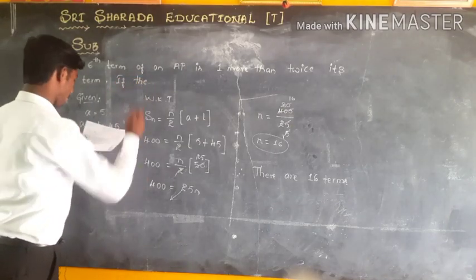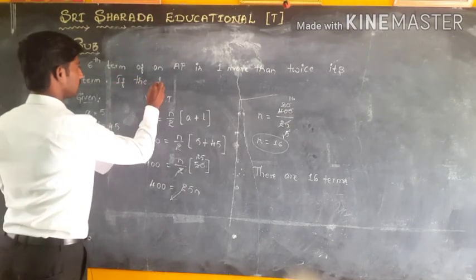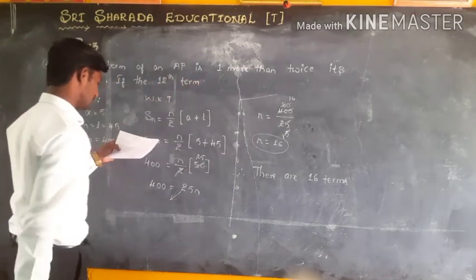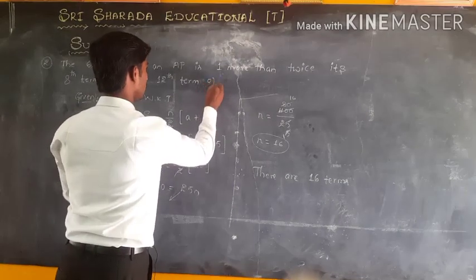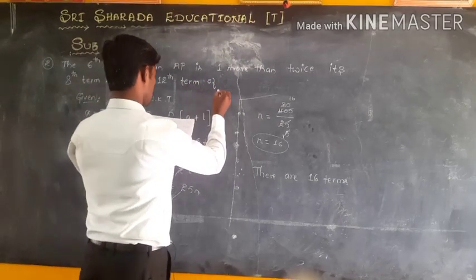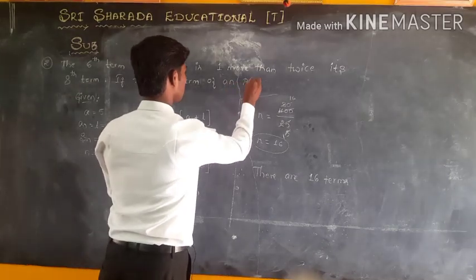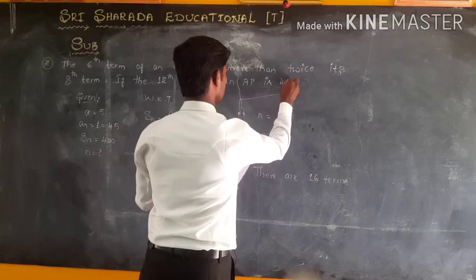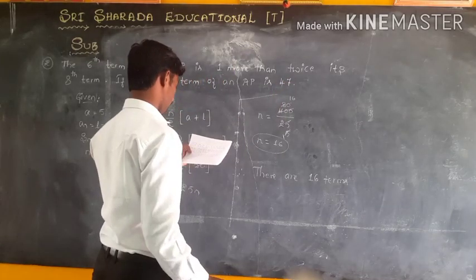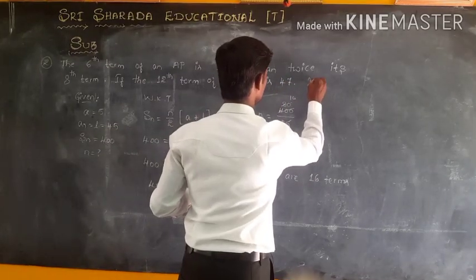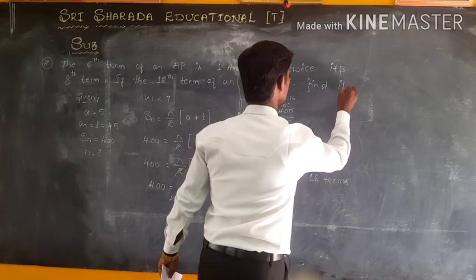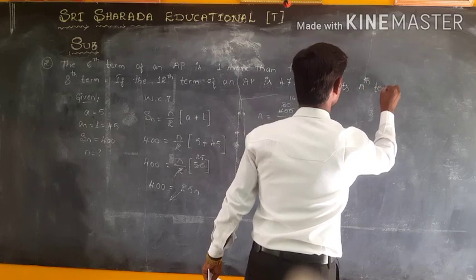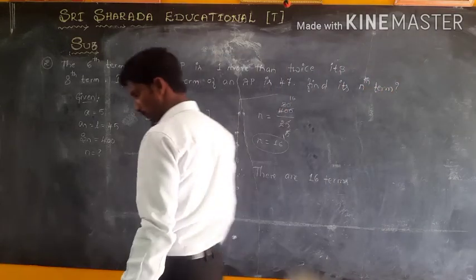If the 12th term of an AP is 47, find its nth term.